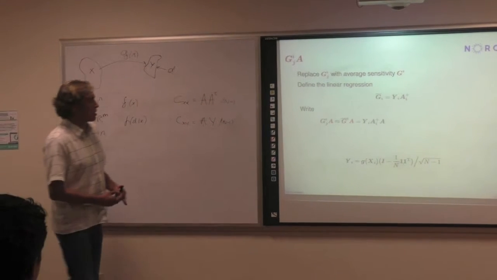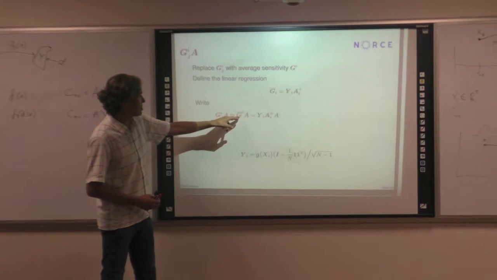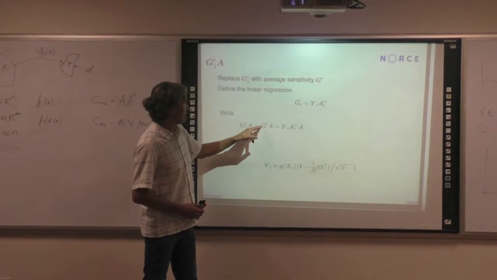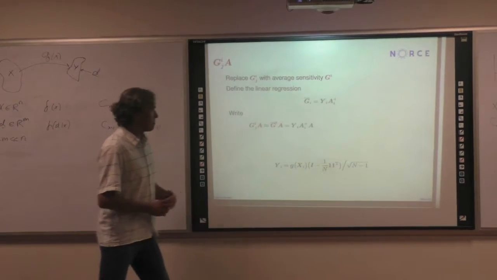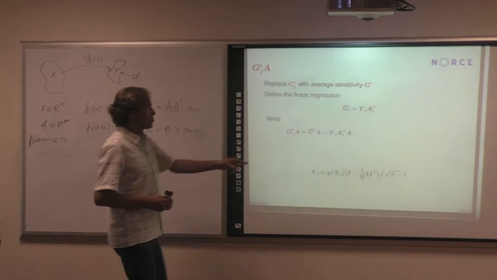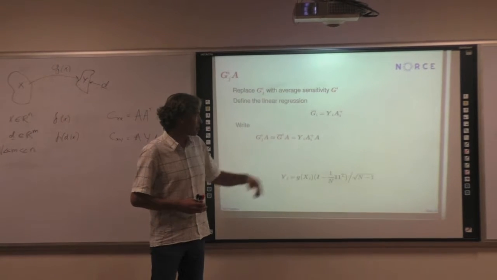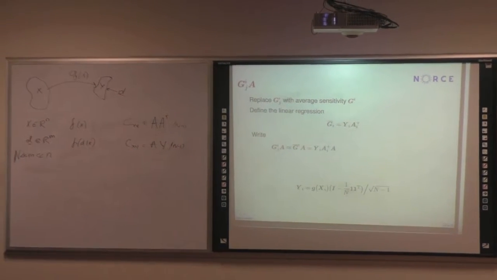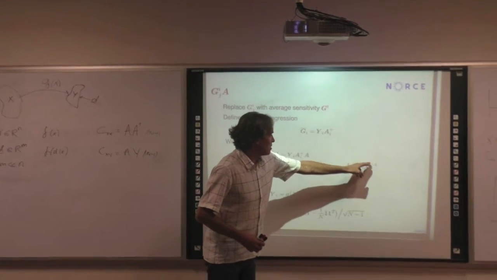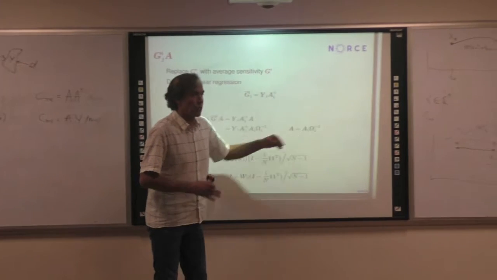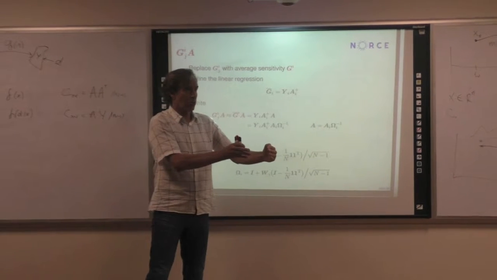And then I take this original expression, I approximate it with the one with the average sensitivity, and I put this G in here, so I get Y, A_i plus, and A. When you look at this, it seems like you still have to compute this pseudo-inverse, right? Because it appears here. But I'm going to use another little trick, because I can derive this transition matrix Omega, which relates an ensemble of anomalies at iteration i to the initial ensemble of anomalies.